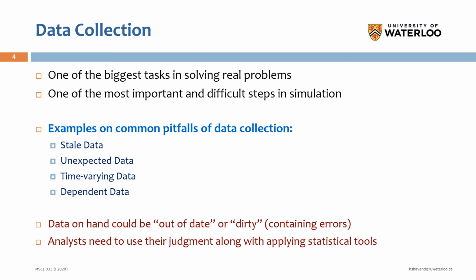We need to have some experience in the context of that system. Then we can use our judgment along with the statistical tools, and that will actually boost our data modeling process.